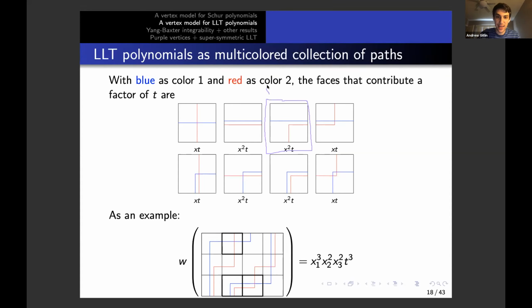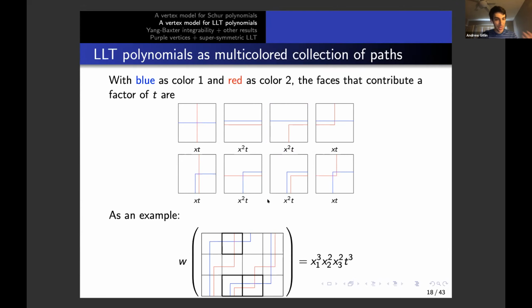So that gives me an x times t from the blue. And then red is also exiting to the right, but there are no larger colors present in the vertex. So I just pick up an x. So overall, this vertex gives me an x squared times t. And similarly for the other 7 vertices that I have here.